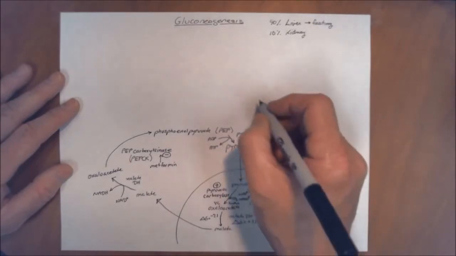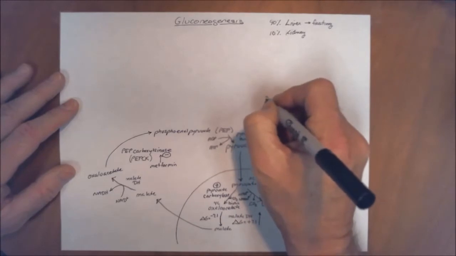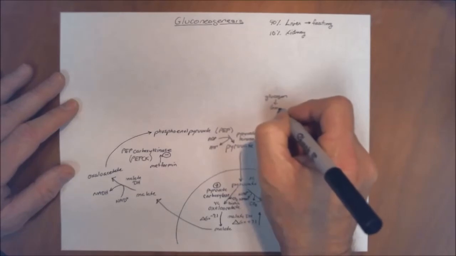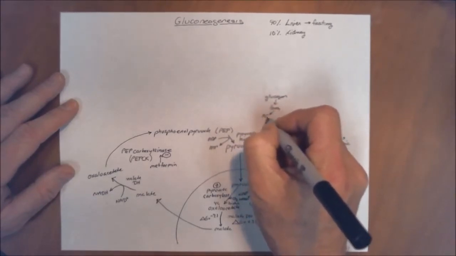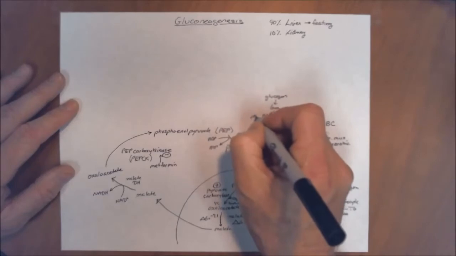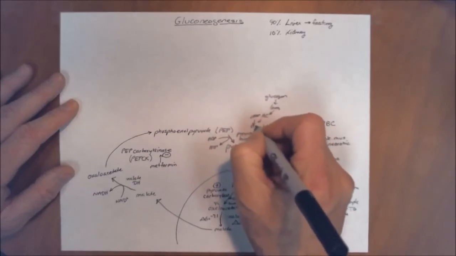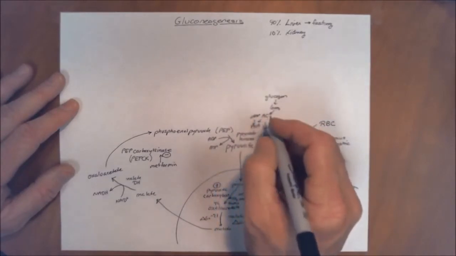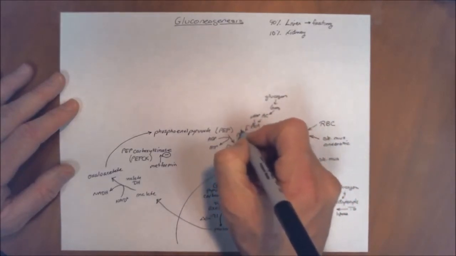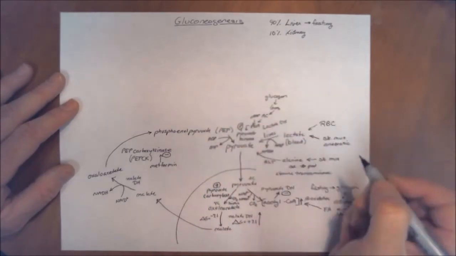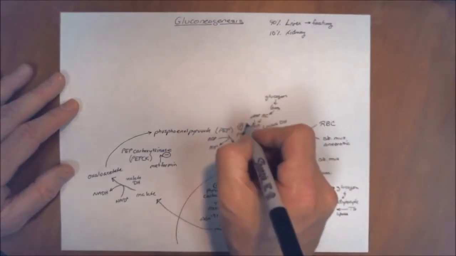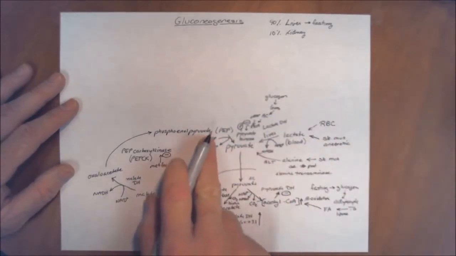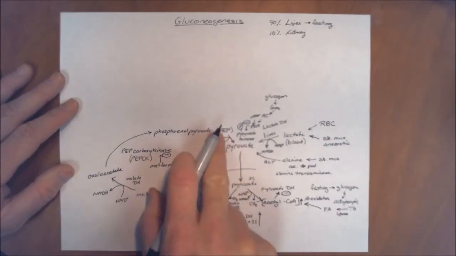So this is where glucagon comes in. Glucagon signals, of course, through G-alpha S, adenylate cyclase, cyclic AMP, and ultimately protein kinase A, our usual signal transduction for glucagon. PKA will phosphorylate pyruvate kinase, and in doing so, inactivate the enzyme, thus preventing the futile loop of going from PEP to pyruvate.